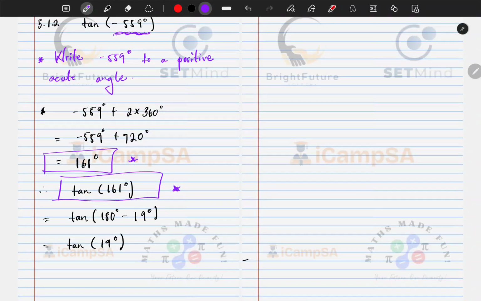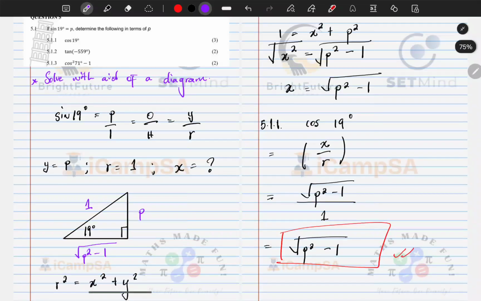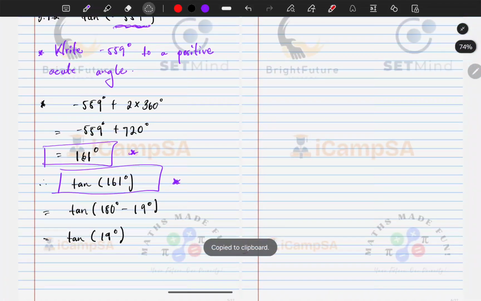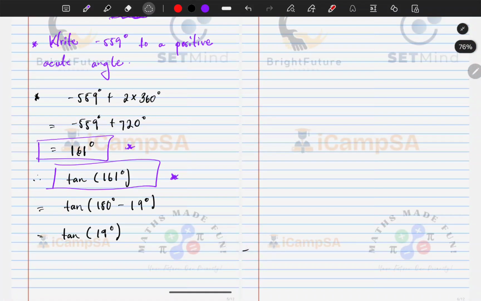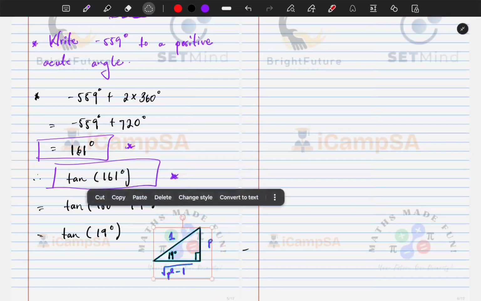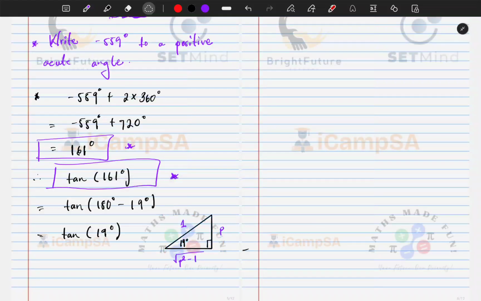This takes us back to our right angle triangle here. So we can just take the triangle and bring it probably here. Let's just make it a little bit smaller. And then from here, if we want your tan of 19 degrees, what is tan?